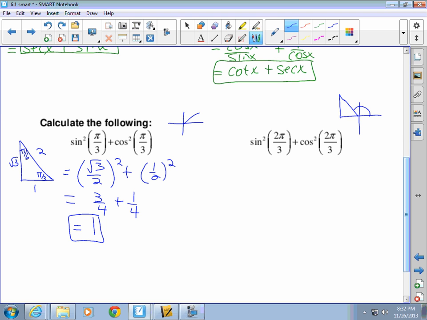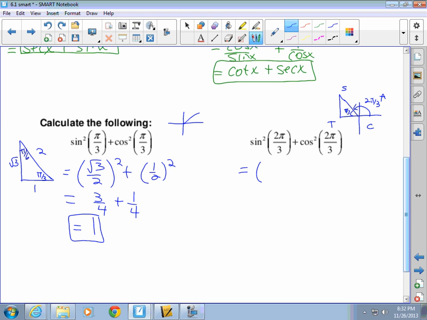So if this is my 2 pi over 3, that means that my reference angle is pi over 3. So if my reference angle is pi over 3, then for sine, using the CAST rule, my sine will be positive there.